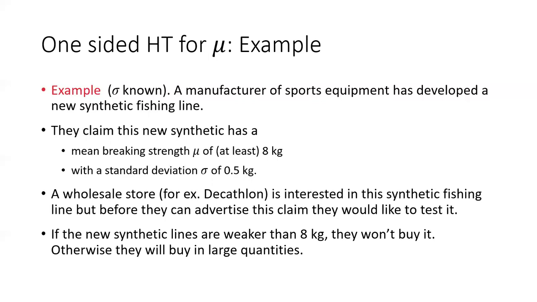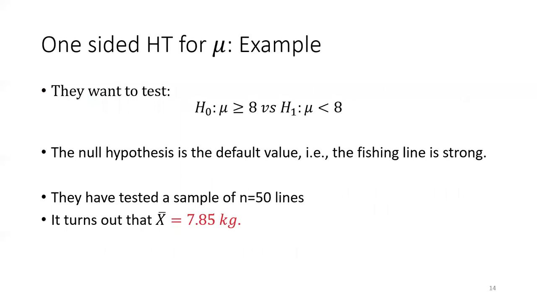Otherwise, they will buy in large quantities and make the advertisement. So they want to test whether mu is greater than 8 versus mu is smaller than 8. They want to show this, in fact, so that's why we put it into the alternative hypothesis.